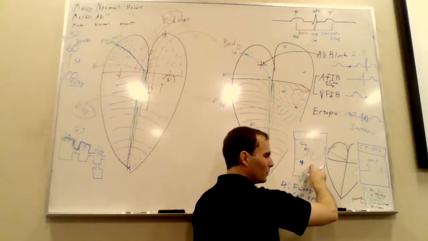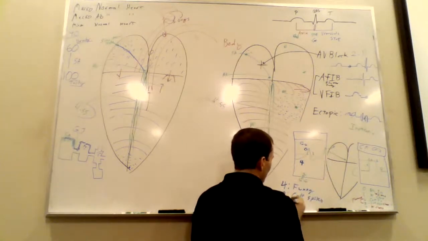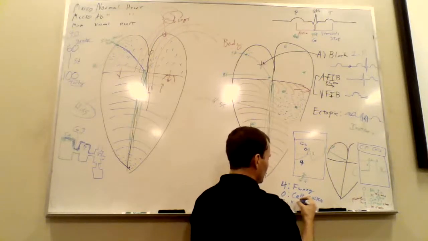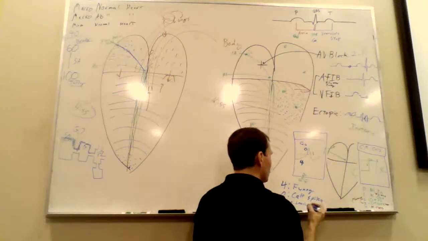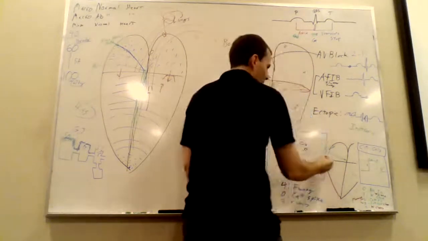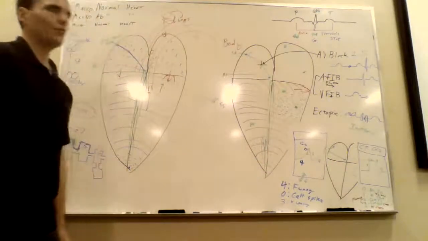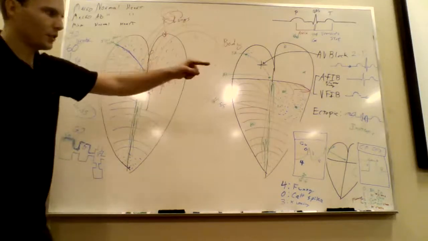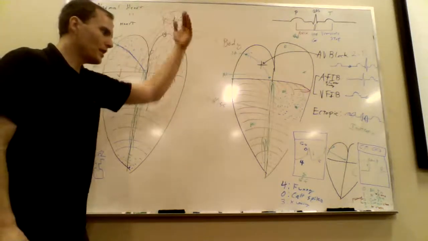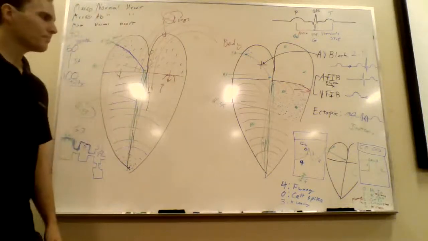I wish they called it phase 1, so of course they called it phase 3. Phase 3 is going to be potassium leaving the cell. And then that goes all the way down, and you re-enter phase 4. So it goes 4, 0, 3, 4, 0, 3. 4 is the funny channel, 0 is a calcium spike, 3 is the normal potassium correction spike.